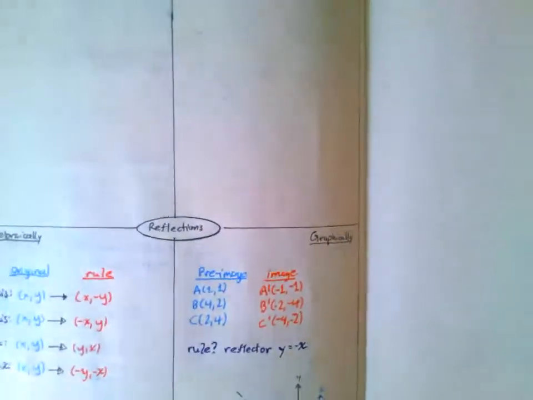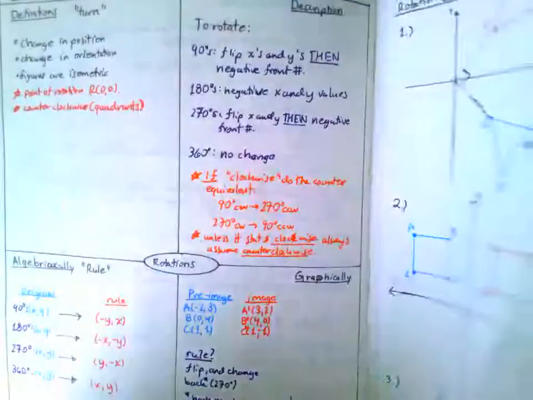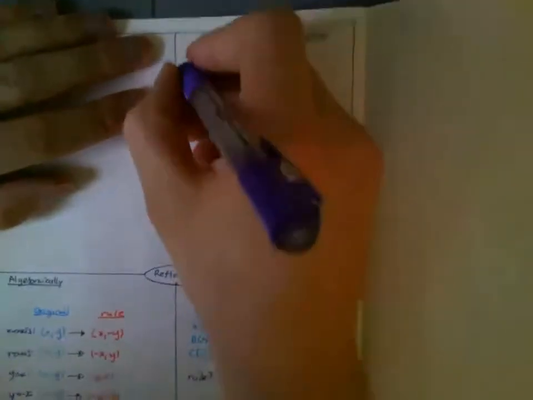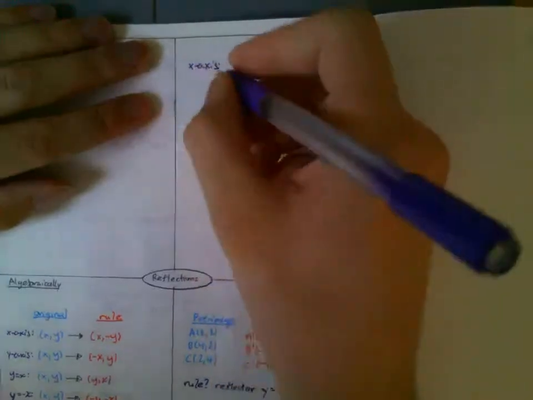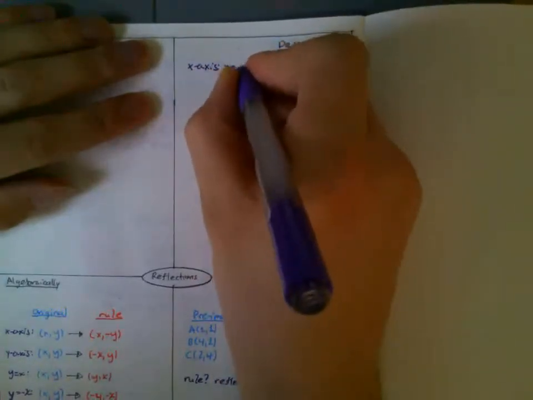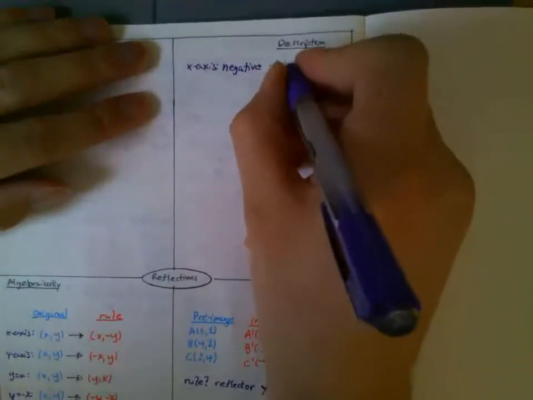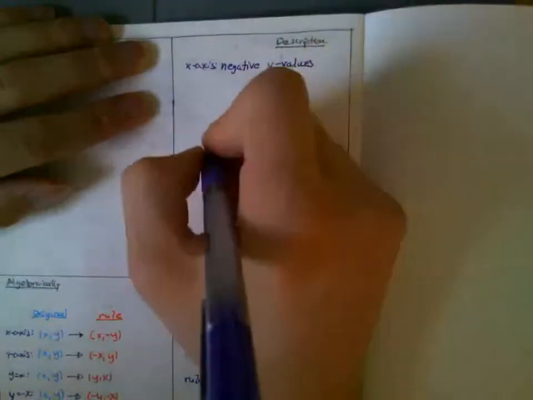So descriptions, okay? For our descriptions, again, I do these in purple. So the first one, for the x-axis, we negative the y values.